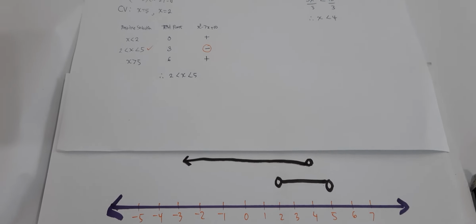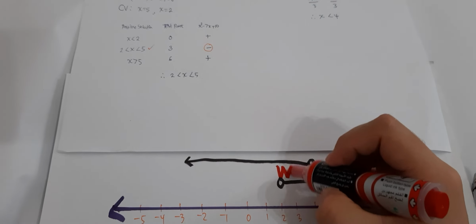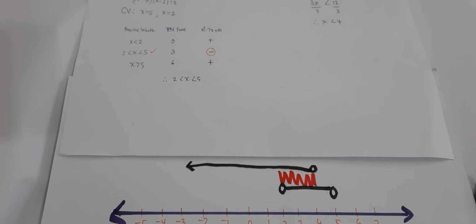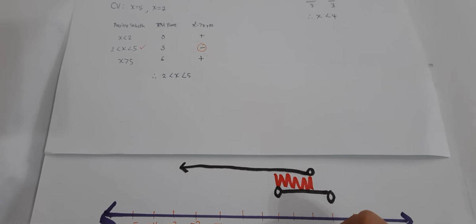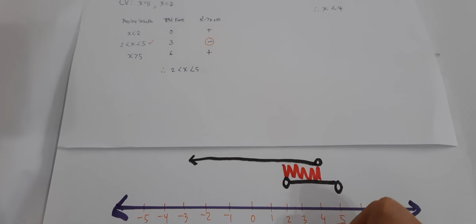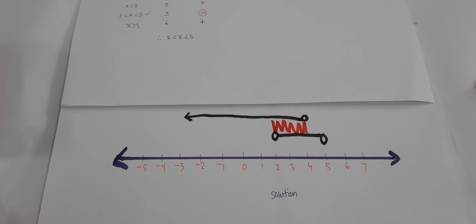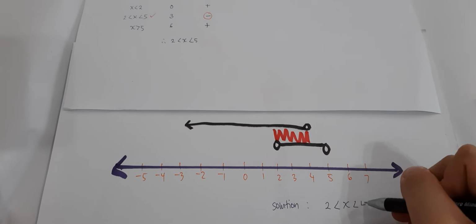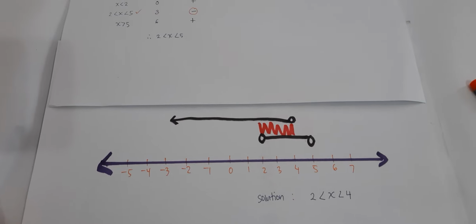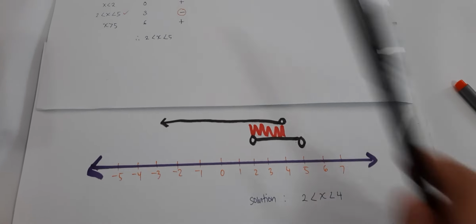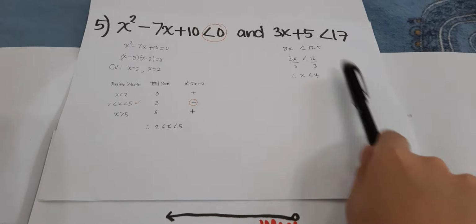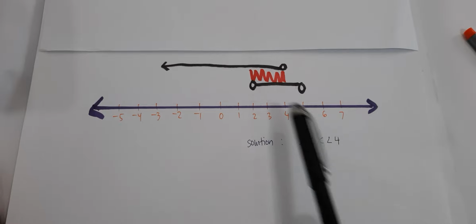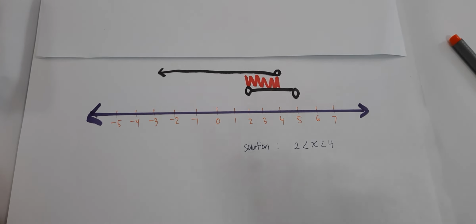So they are together from this part to this part. So therefore, your solution is x is 2 to 4. Okay, so again, solve individually, and then plot in real number line to identify where they are together. So that's it.